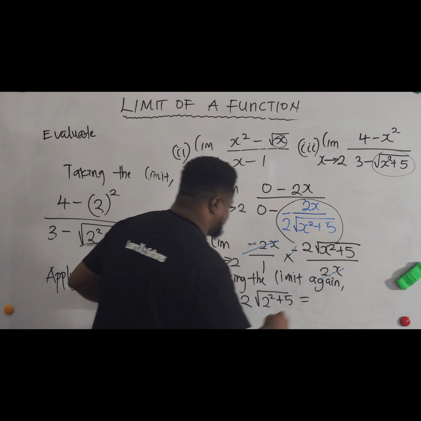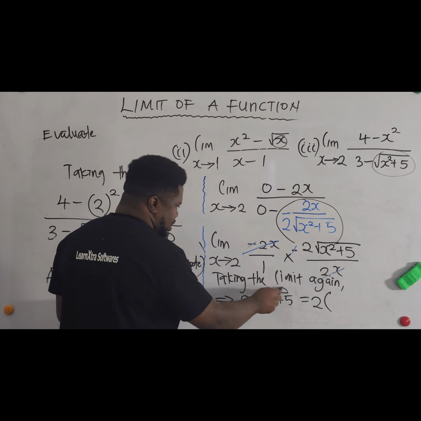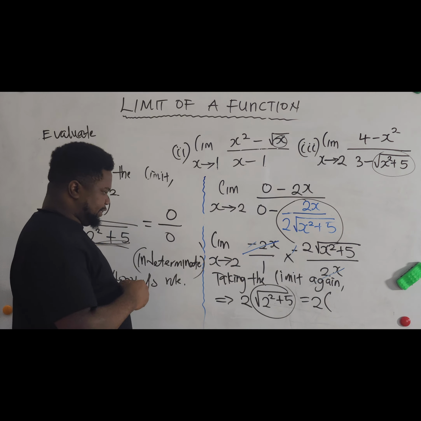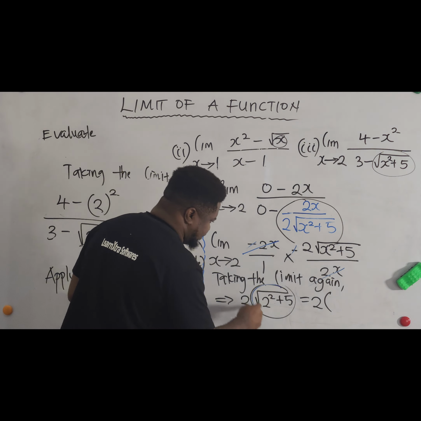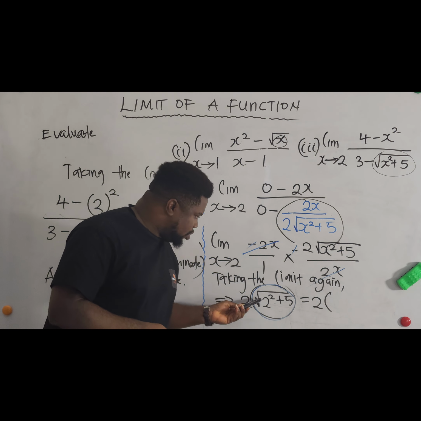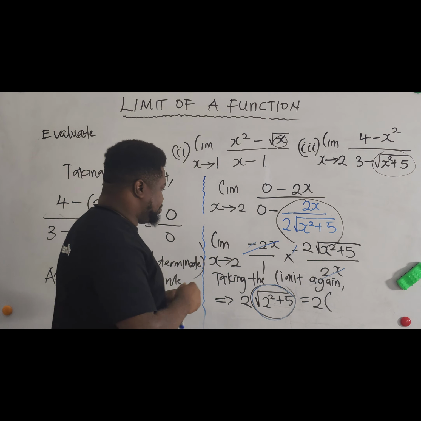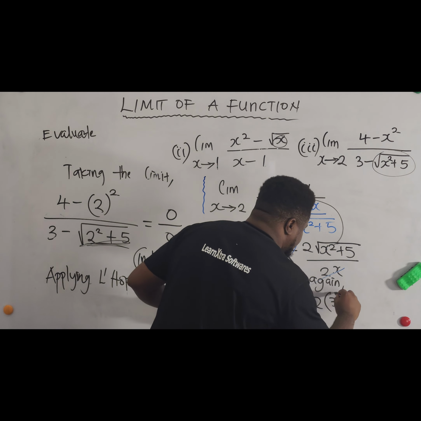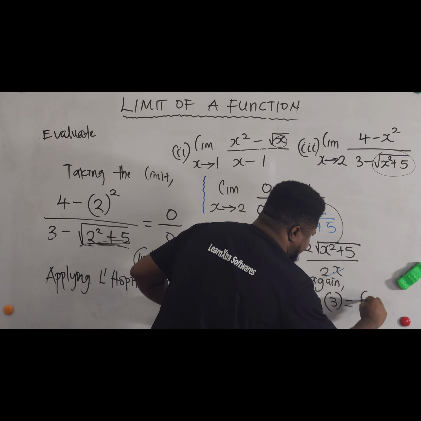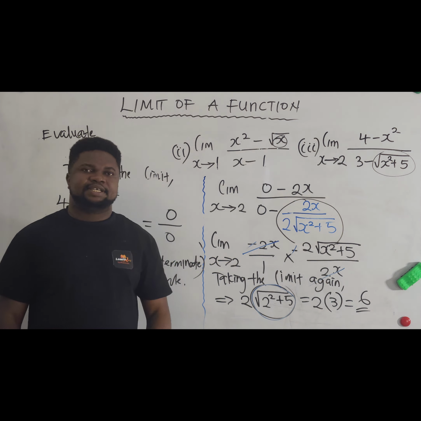And this is equal to 2 into root 9, because 2 squared plus 5 is 9. Root 9 is 3. So that will be 2 into 3, which is 6. We have solved it. That's it.